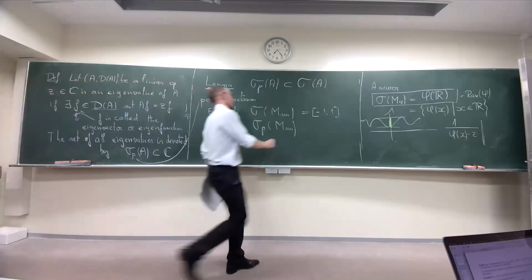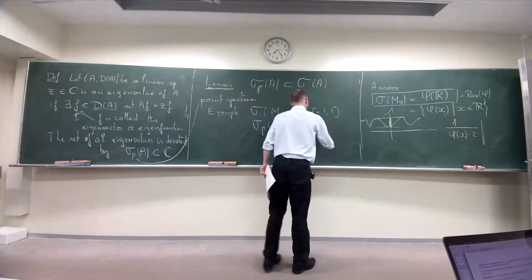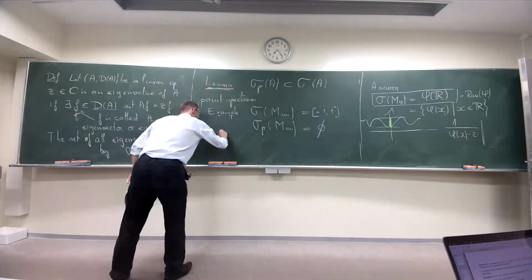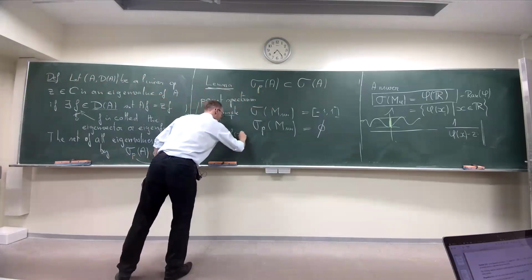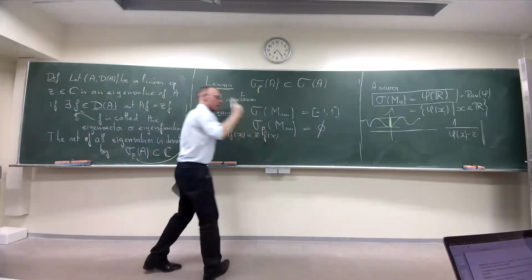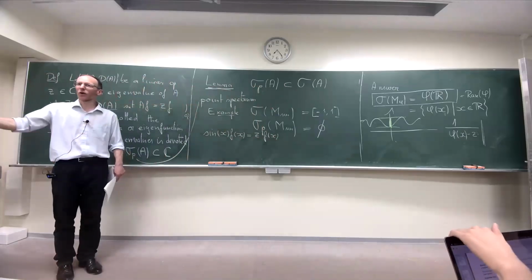Empty. There is no solution. Try to solve this equation. Sine of x times f of x is z times f of x, but be careful, it's not for a single x, it's for all x.